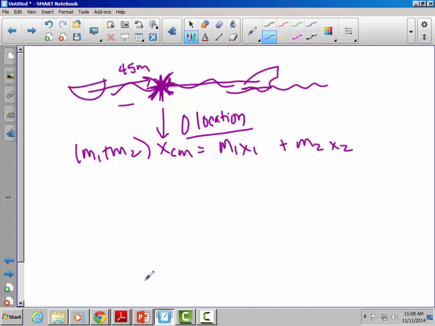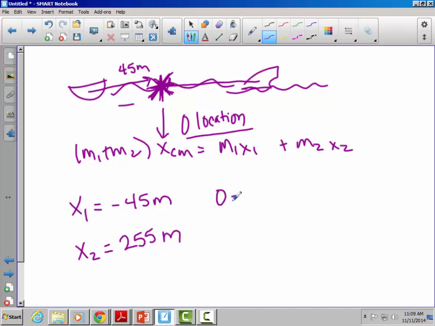So essentially what I have then is a boat that started 45 meters behind the center of mass, and a shark that started 255 meters in front of the center of mass.